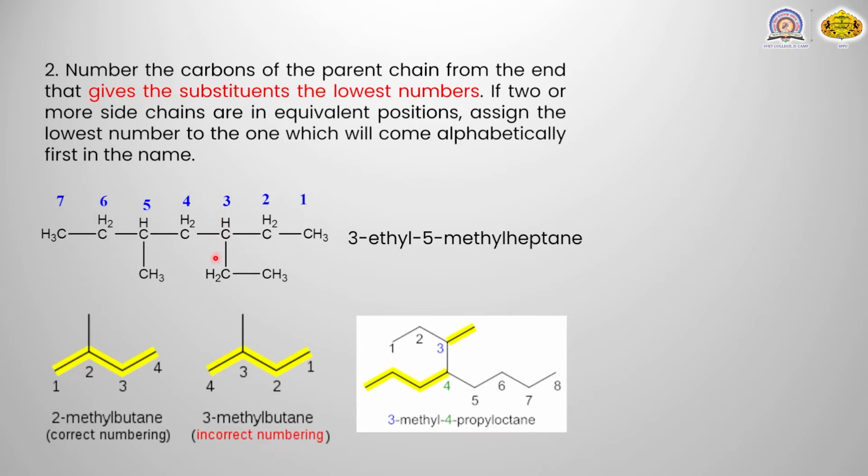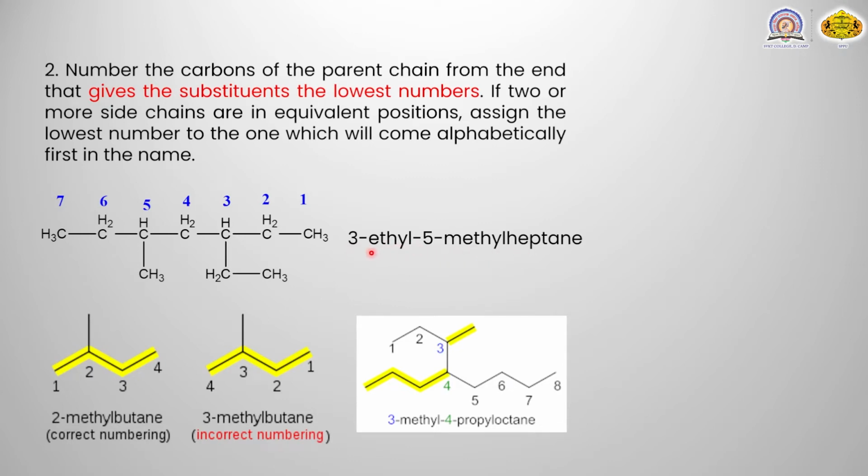So at the third position the ethyl group is present, which is alphabetically first. After that we number the methyl substituent, which is at the fifth position. According to this rule, the name of the compound will be 3-ethyl 5-methyl heptane.